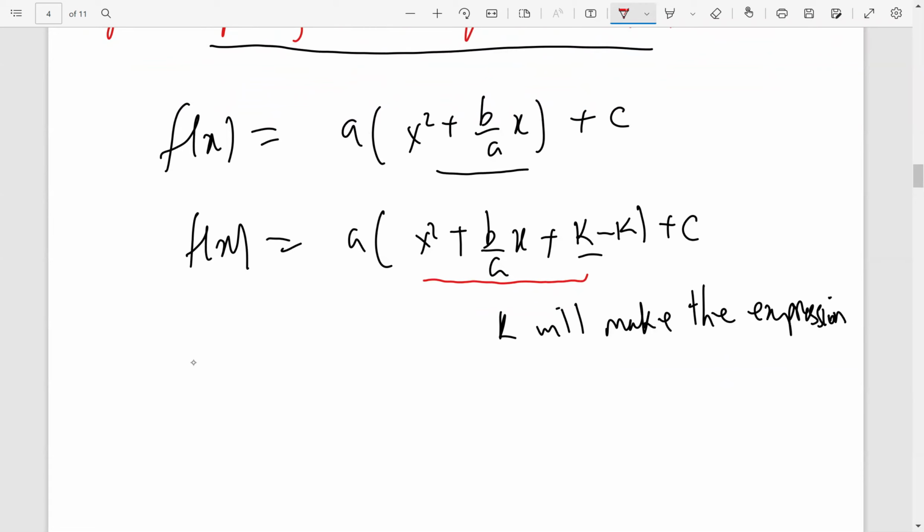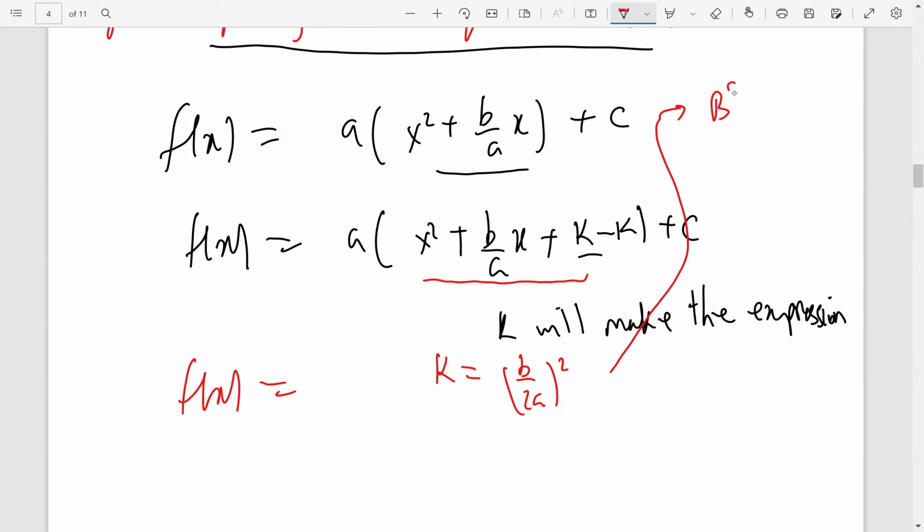So dear students, f of x will now be equal to, so k is going to be b over 2a squared, and actually this is coming from the formula b squared over 4a squared. So when we substitute here, you're going to get this expression here.